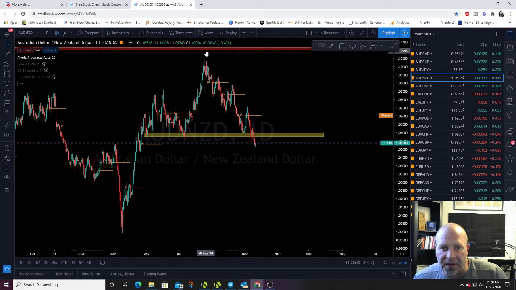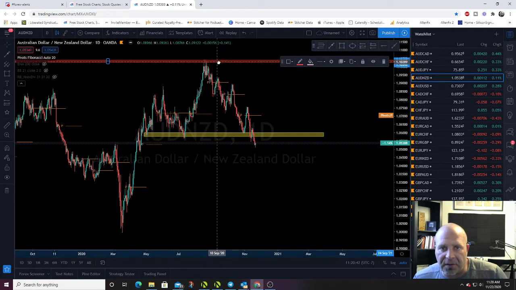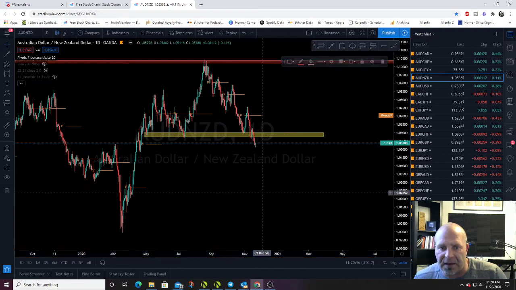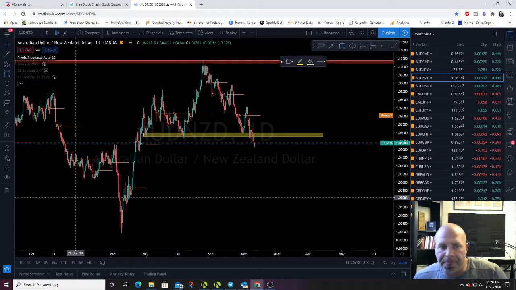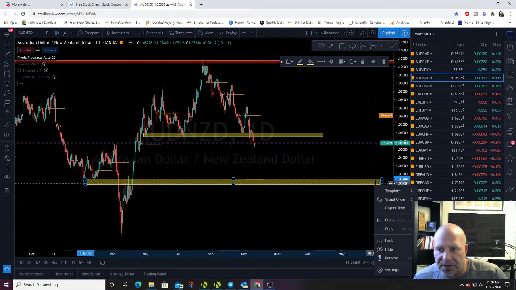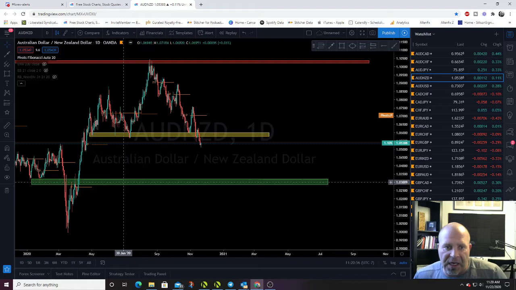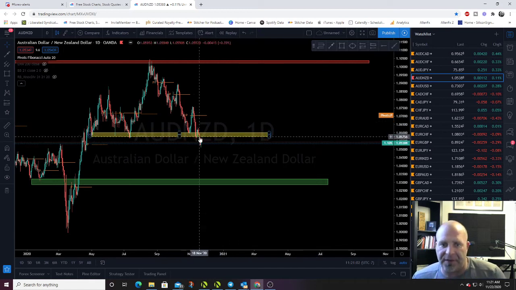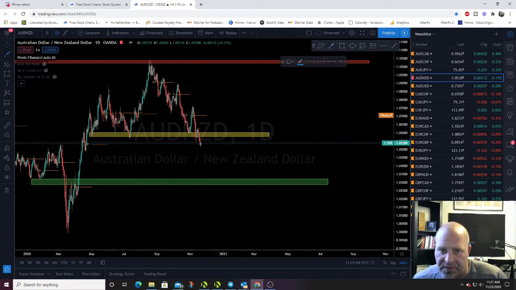Decent zone there. Right here, you can see a pretty good head and shoulders, and we broke the neckline. I kind of want us to use this as the bullish zone. Bam. So I like this one. I'm going to turn this one red because I think it's active right now. We have an active break of one of these zones.